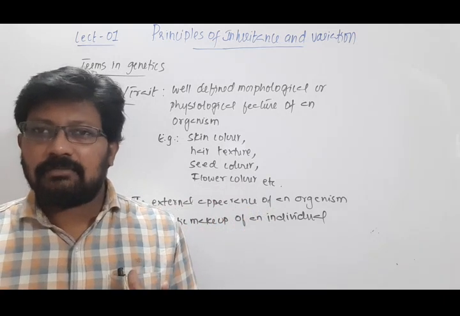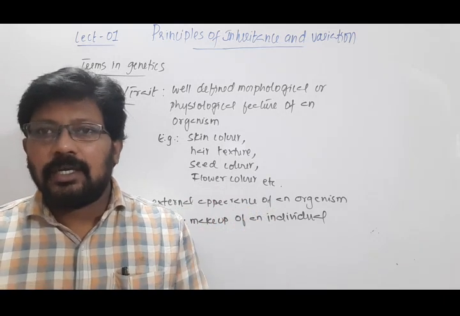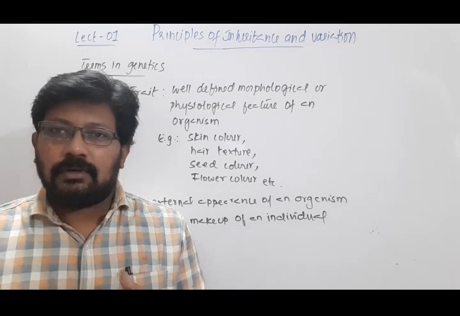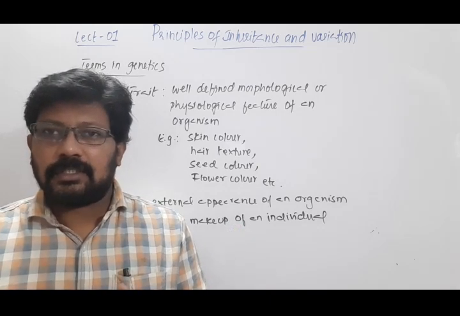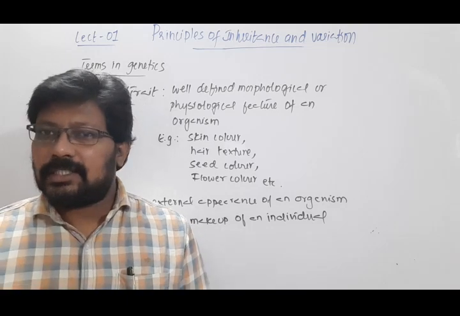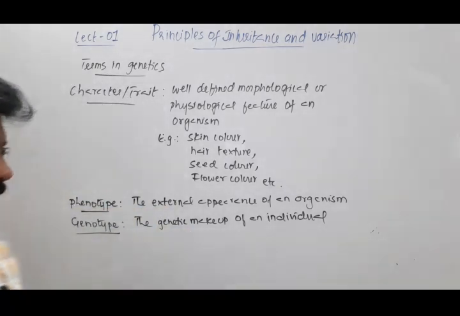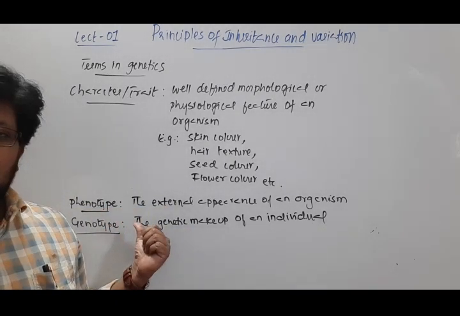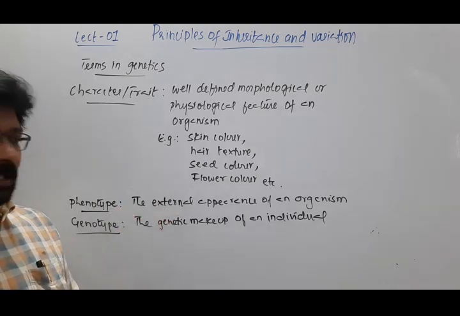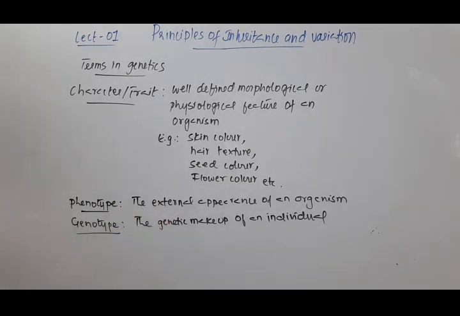This genetic makeup cannot be seen from outside, so we cannot come to know what genes are present inside a person, an animal or a plant. That is not possible, but the phenotype we can see. So the phenotype is the external appearance of an organism.